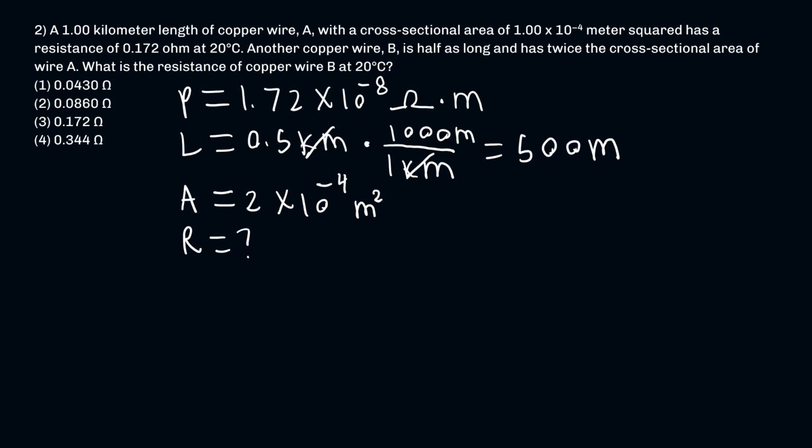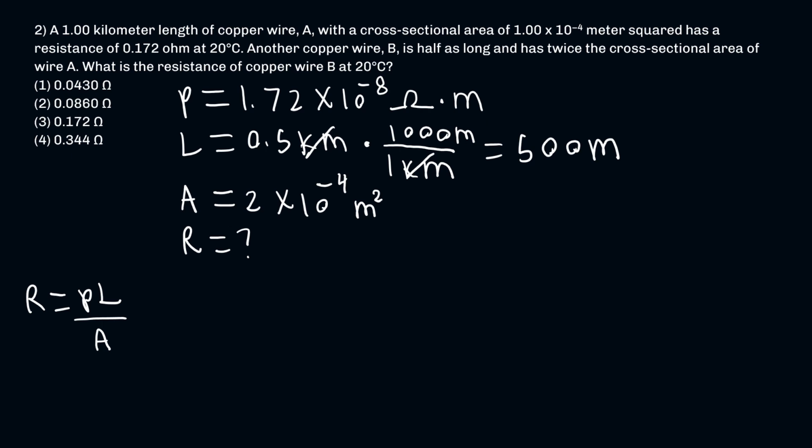There's only 2 of them that involve resistance directly besides my series and parallel circuit rules. I have either R equals V over I or R equals rho times length over cross-sectional area. This is the correct equation here: R equals rho times length over cross-sectional area. And this is our equation.